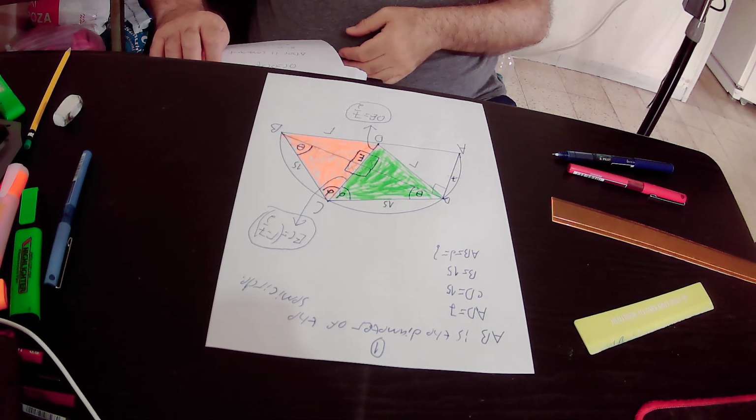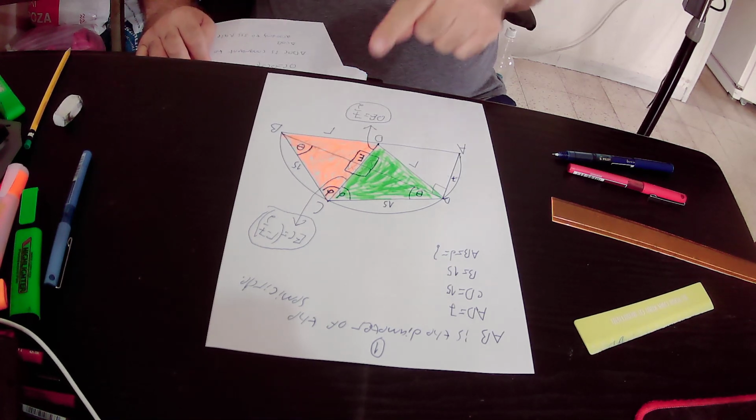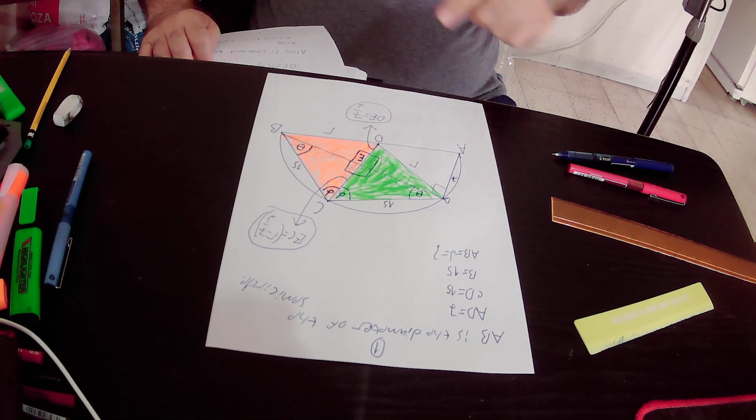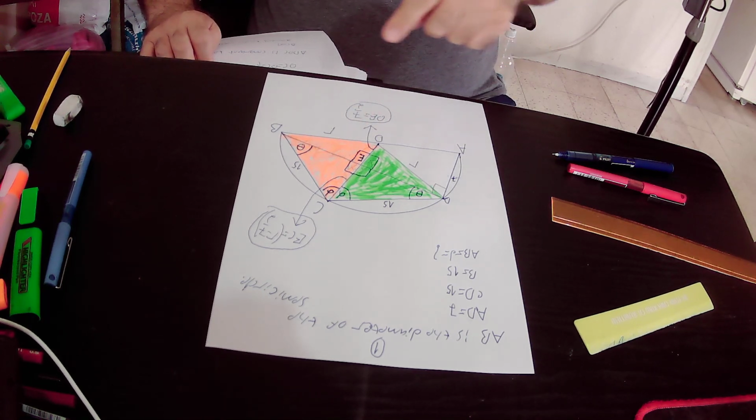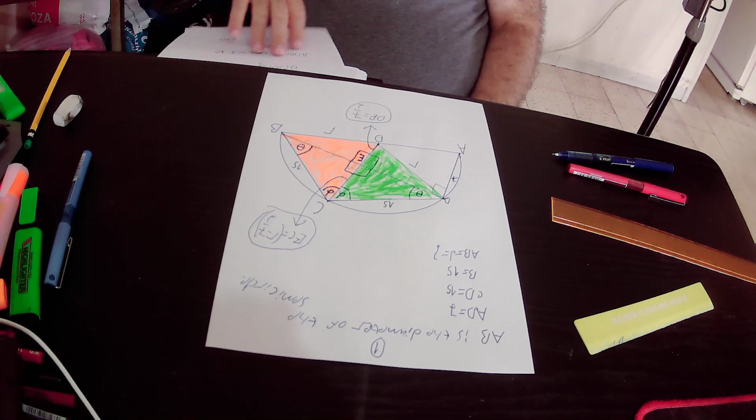So we actually proved that the green triangle, triangle DOC, is congruent to the orange triangle, triangle COB, according to the side rule. When you prove that all the sides of one triangle are equal to all the sides of the other triangle, then those two triangles are congruent to each other according to the side rule.